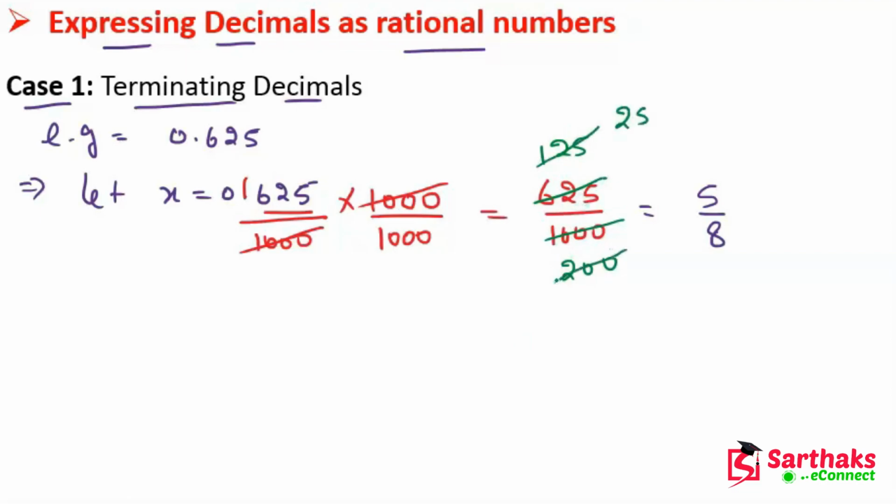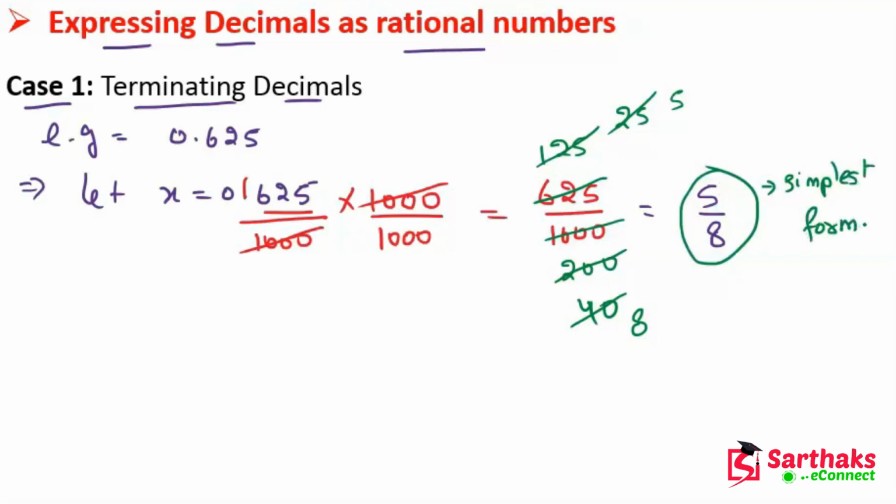And this will be 40 times. Okay, and so we get 5 upon 8. So this is the simplest form. Okay, I hope you understand these things.